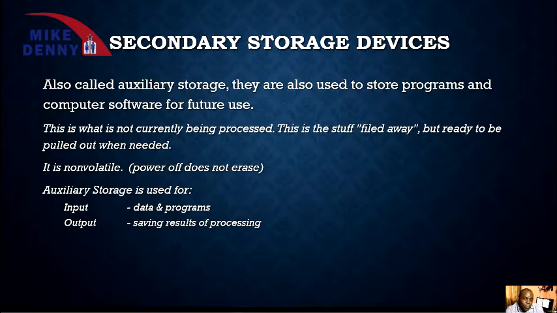In fact, when you download an application, for example, you want to save it somewhere. When you install the application, maybe you're not using it every day. You need to store it somewhere for future use. And that somewhere is called the storage device. So this is what is not currently being processed.